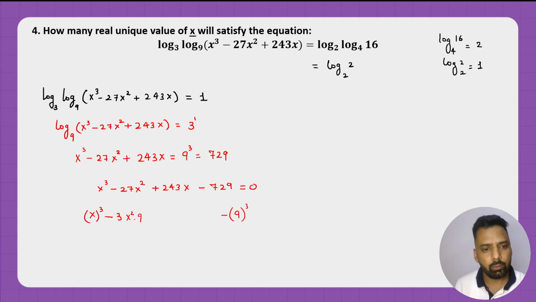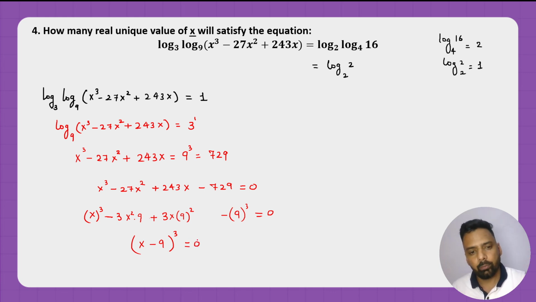So I am getting 27x square. So a cube minus 3a square b plus 3ab square, which is 3 into x into 9 square, and minus b cube is equal to 0. So it is the expansion of x minus 9 whole cube, right? x minus 9 whole cube.